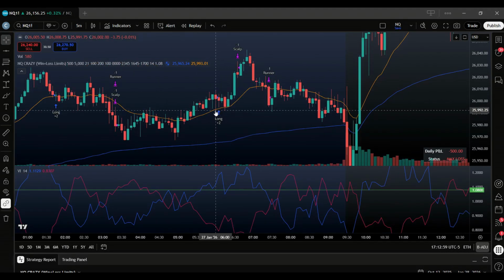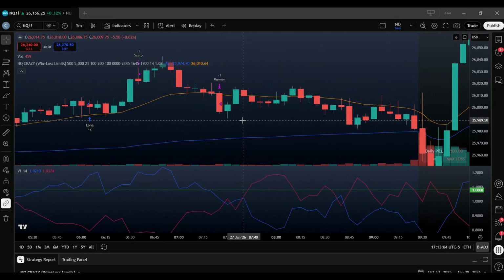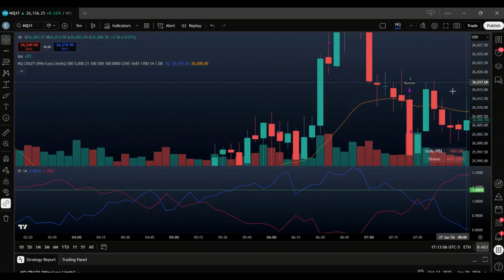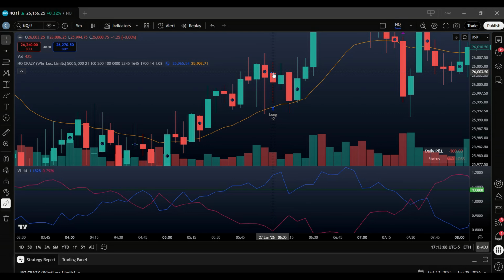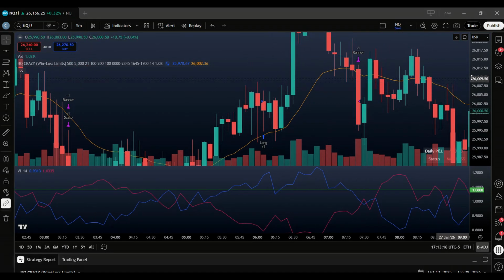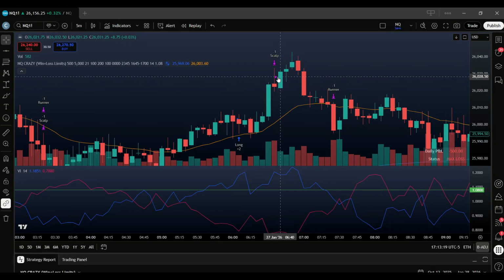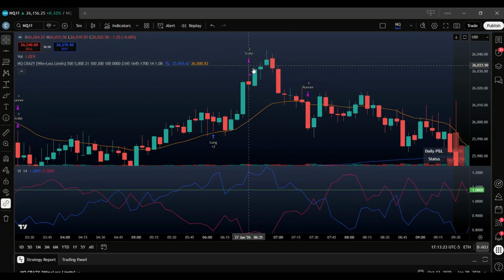So when it does come back, there's the retest. That was a bit of a gap down, wasn't it? A bit of a gap up, but the point is, there it came down, retested, closed, long. Come down, retested again. But it doesn't matter, we're already long. There's a scalp. Didn't quite get the runner, did we? And it's closed at break even.